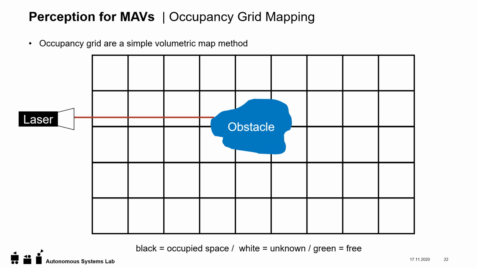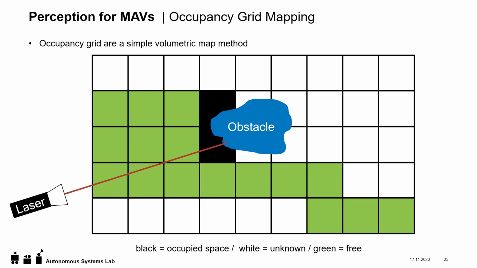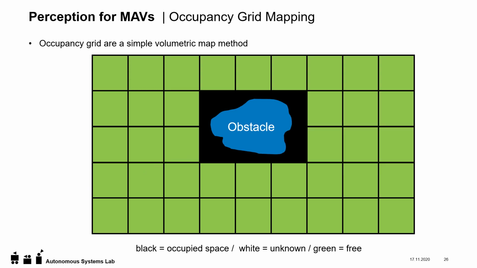By having this laser ray that goes through the map and reflects off the obstacle at a certain distance, we know that all the boxes up to the obstacle must be free, and the box where we actually have the laser measurement from is occupied space. By doing this iteratively while the robot moves in the world, we can keep on updating the map and at some point obtain a globally consistent map about where we can fly through and where there are obstacles.